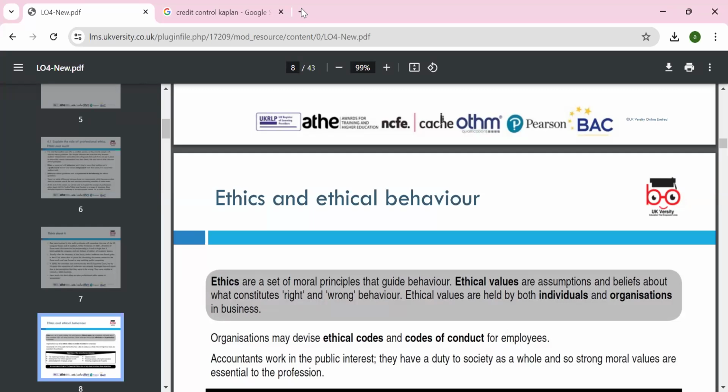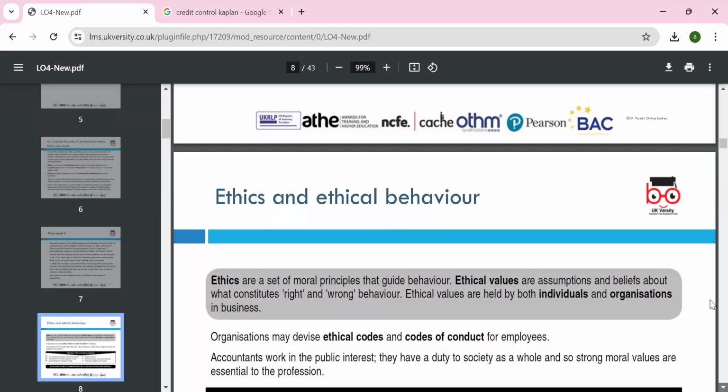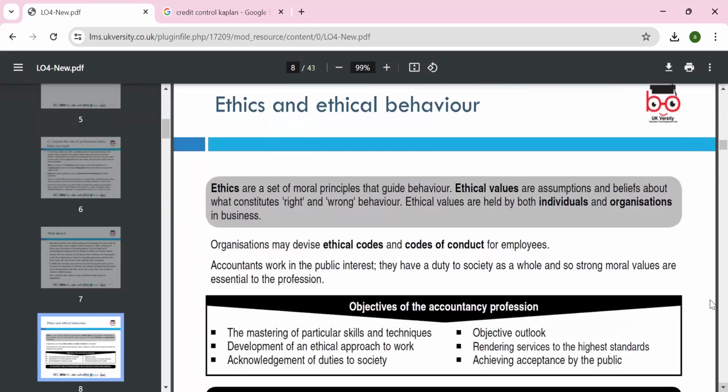So ethics are a set of moral principles that guide behavior, the values and beliefs about right and wrong. Ethical values apply to both the individual and the organization, which should have an ethical code and a code of conduct. Wherever we work, we have a staff handbook, a code of conduct, and compliance procedures. That is quite crucial to run the organization effectively.